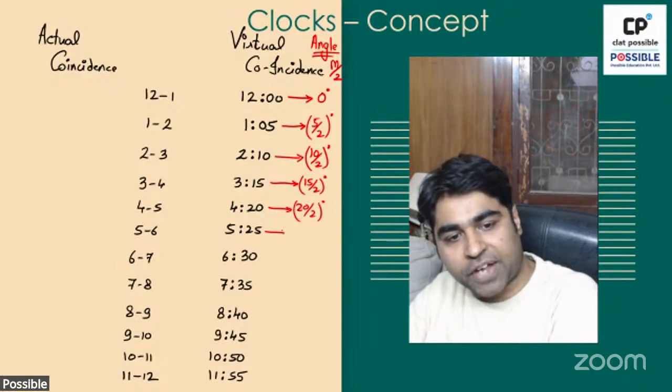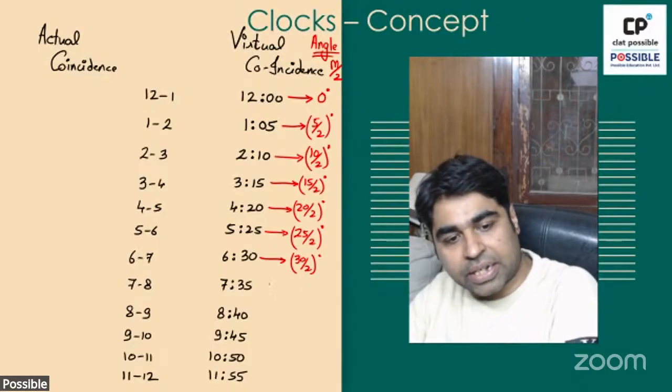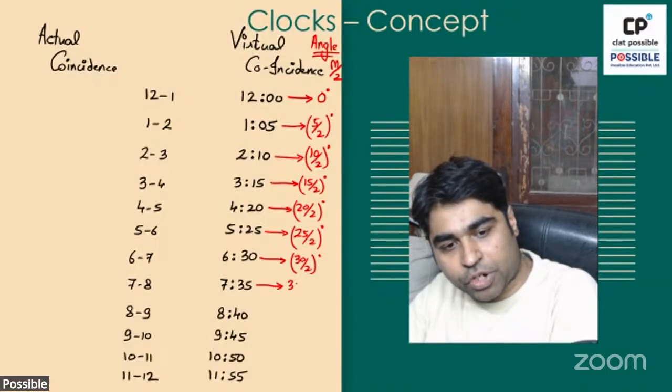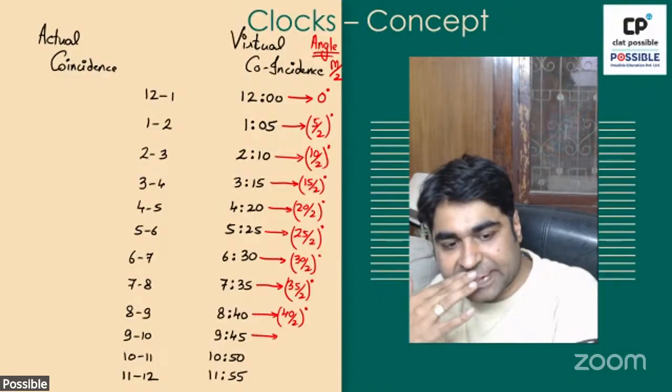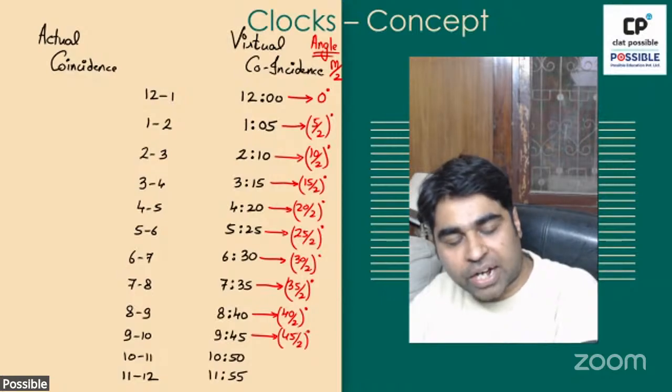It is 25 upon 2, 12.5 degrees. It is 30 upon 2, 15 degrees. It is 35 upon 2, 17.5 degrees. It is 40 upon 2, 20 degrees. It is 45 upon 2, 22.5 degrees.